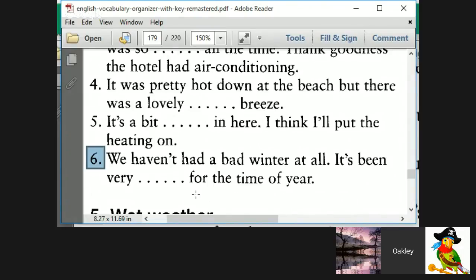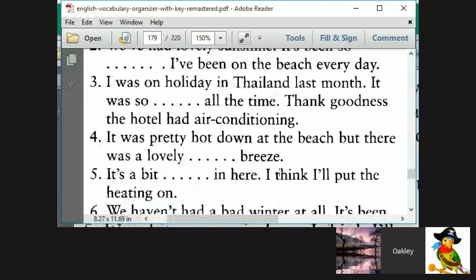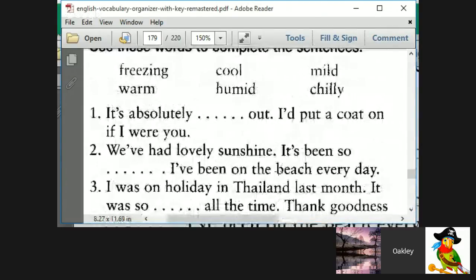We haven't had a bad winter at all. It's been very mild for the time of year. It's winter, but it's not really cold.